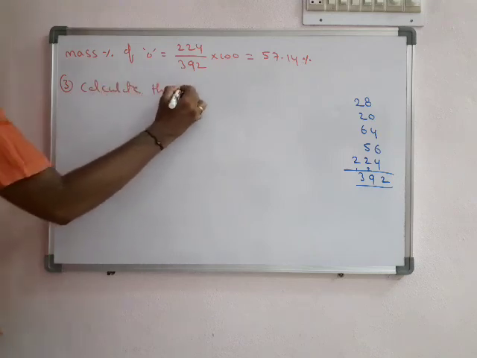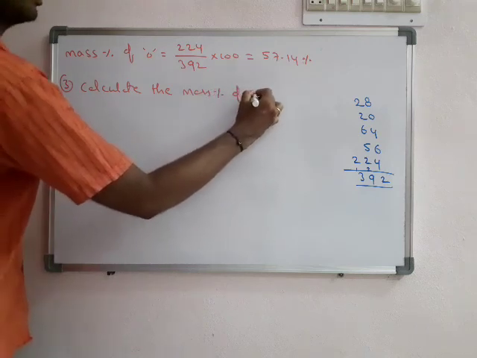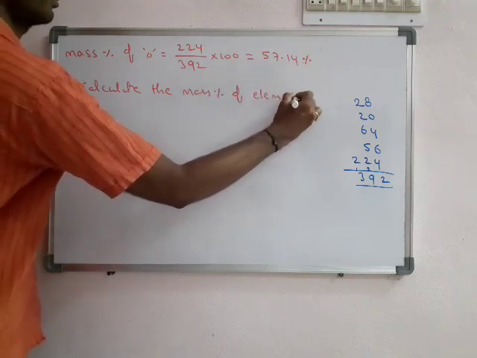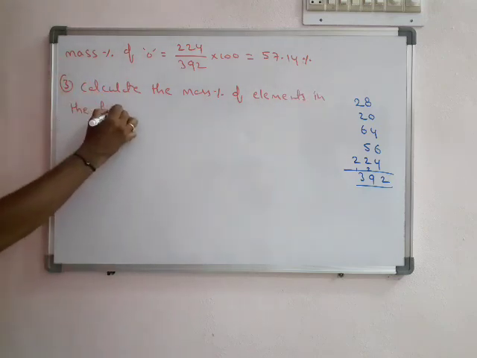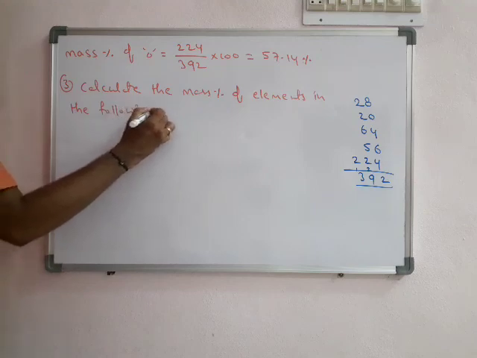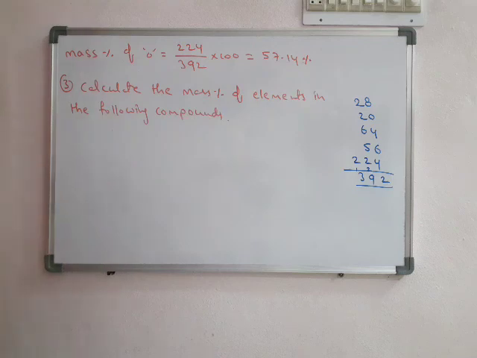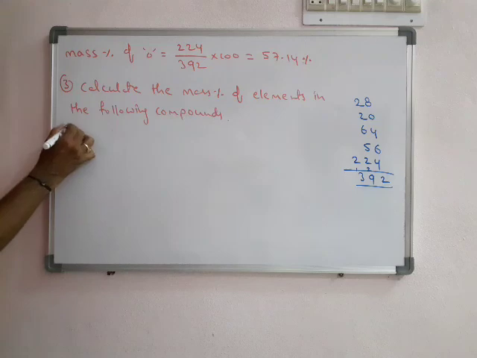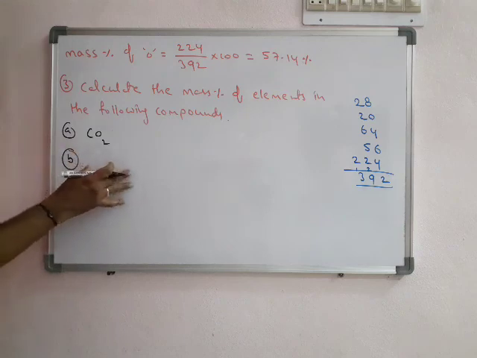Next, calculate the mass percentage of elements in the following compounds. Just calculate these questions. In carbon dioxide, calculate the percentage of carbon and oxygen. We are giving simple questions. Already we did big examples; you have to do at least simple examples.